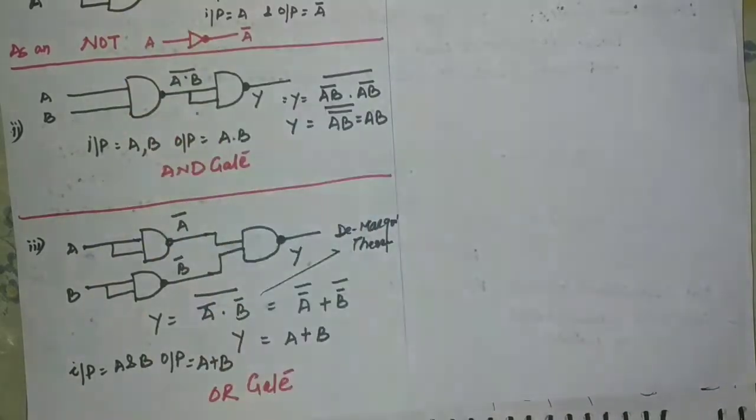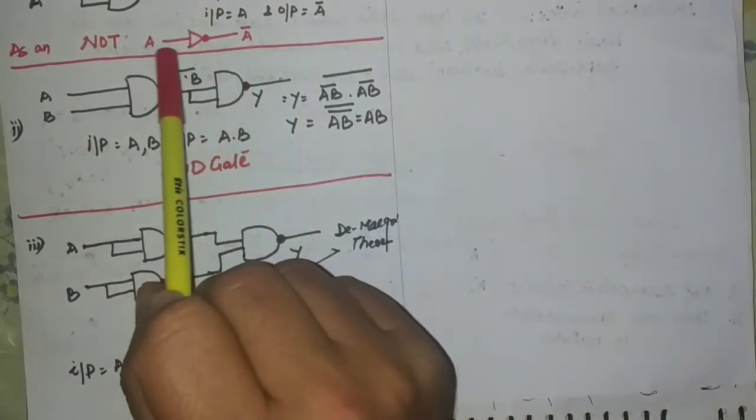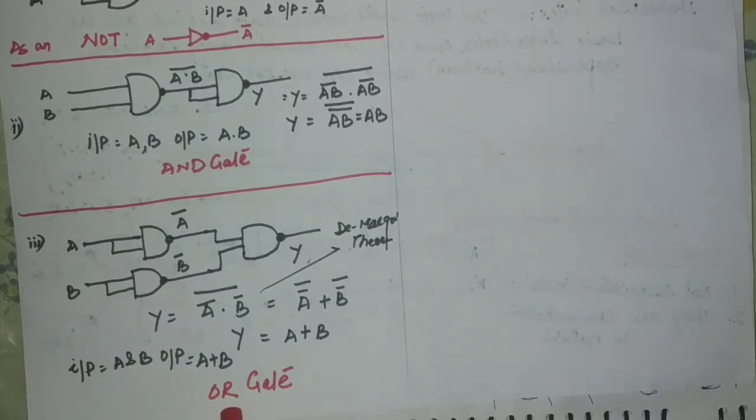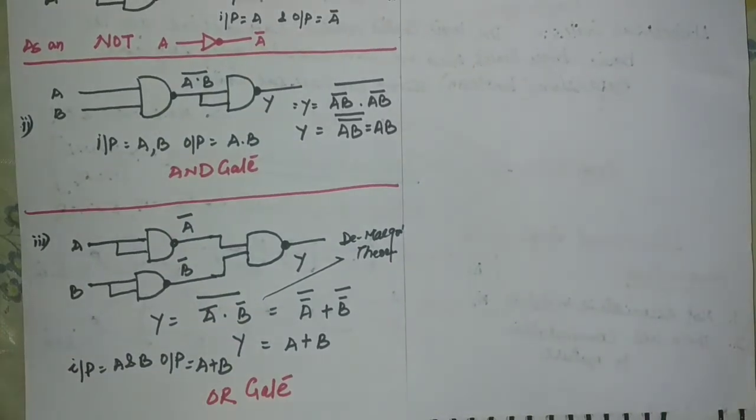So this is the reason why NAND is known as a universal gate. You can check, it can act as a NOT, it can act as AND, it can also act as an OR gate. So it can derive all the basic logic gates.